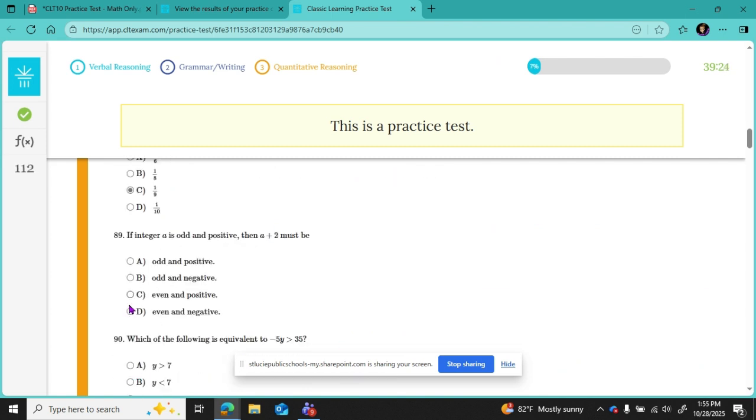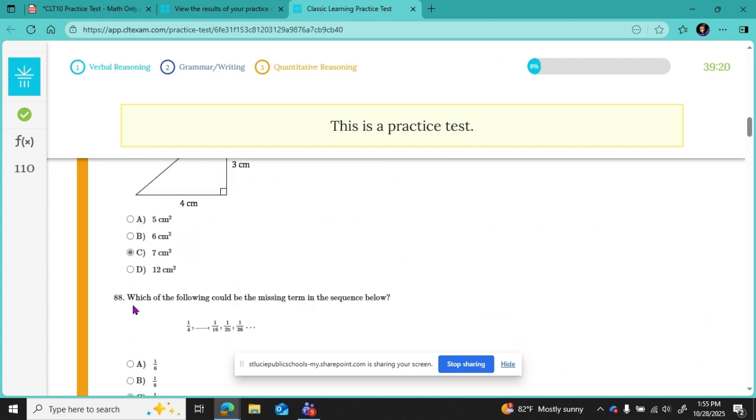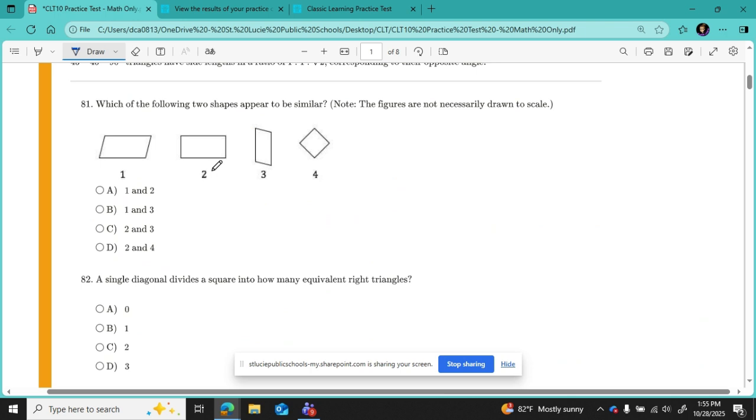You can click C for all 40 questions, and then you go back to question number 81. Use your scrap paper and your pencil and you prove your answers to 10 to 15 questions.